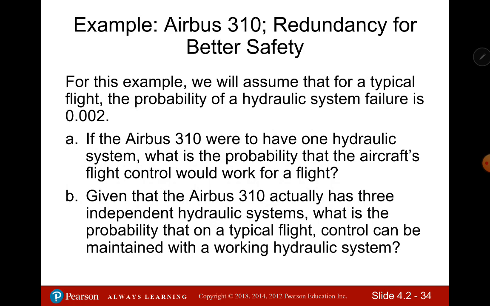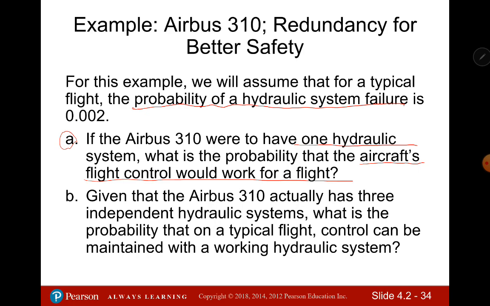So first, the probability of a system failing is 0.002. Let's check part A. If this airplane only has one hydraulic system, what is the probability the aircraft would work for a flight?